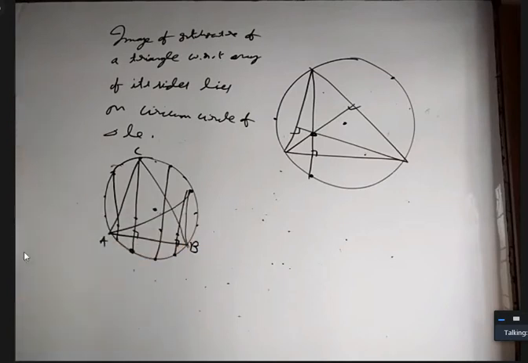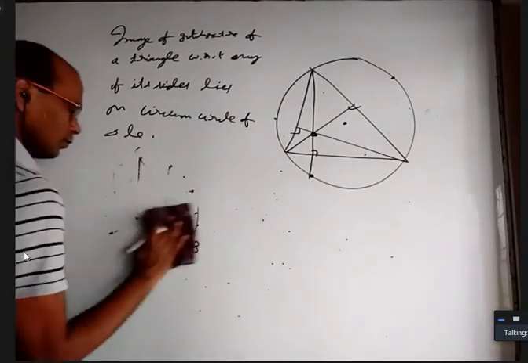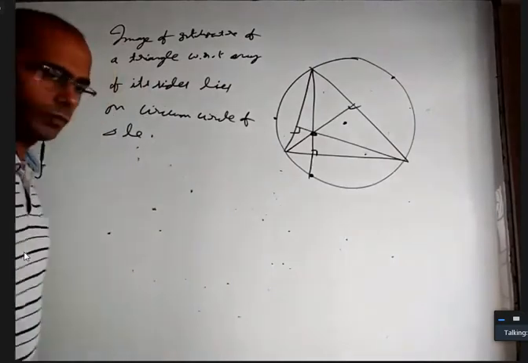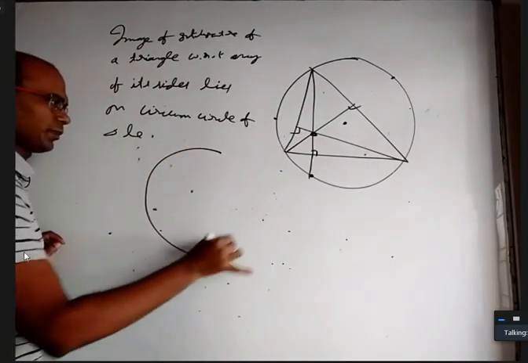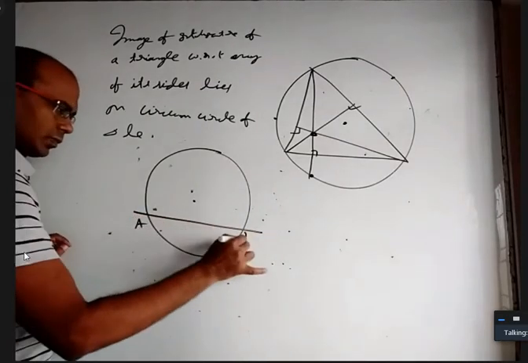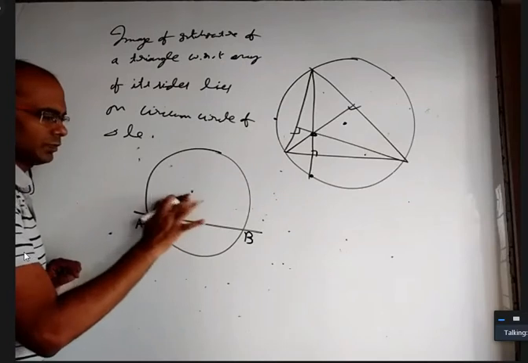So now, I have a circle. This is the chord AB. This is the circumcenter.